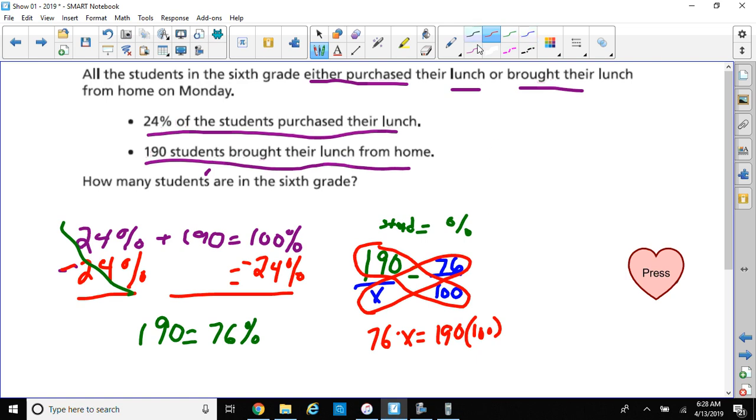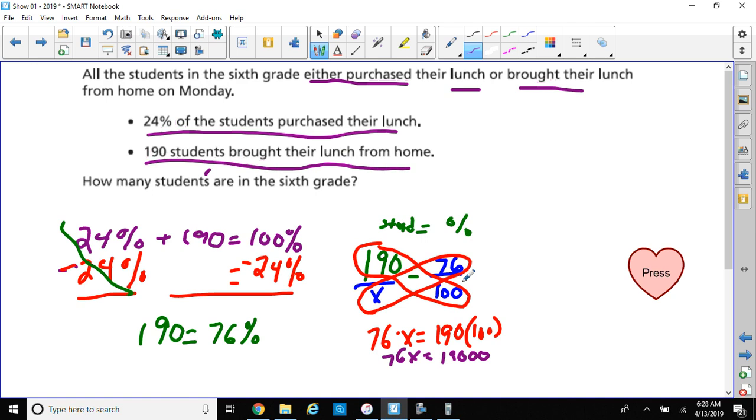Let's get a different color. 76 times x is 76x. 190 times 100, all I do is just multiply 190 times 1, which will give me 190, and put 2 zeros on the end, and I'll have 19,000.